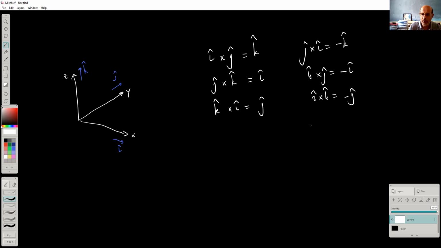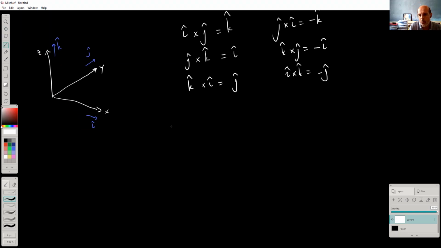Okay. So I think part of the rule is very simple. Cross product of a unit vector with itself is 0. Cross product of two unit vectors gives us the third unit vector, but there is a plus or minus 1 sign in front of it. So that's the one that is kind of confusing. So in that case, what we are going to do is to use the cyclic rule.